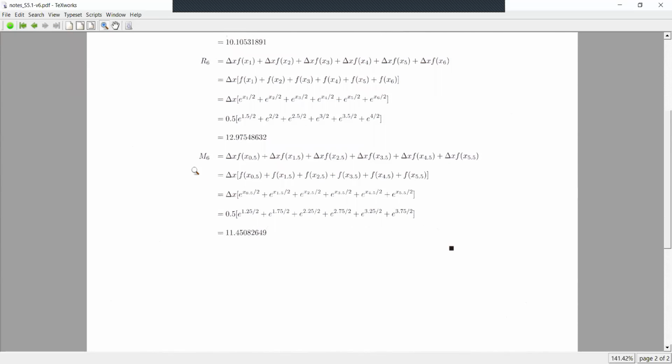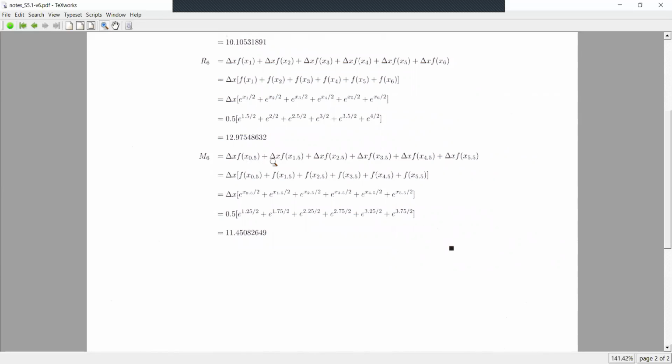Do the same for the midpoint Riemann sum. The midpoint Riemann sum is the sum of the areas of 6 rectangles. Those rectangles were built by using the function value at the midpoints. This is the area of the first rectangle: base times the function value at the midpoint of the first subinterval.